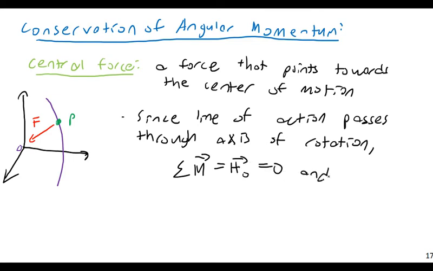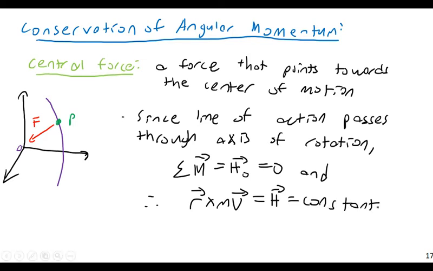And therefore, again, r cross m v, or sorry, m v vector, the angular momentum, is constant.